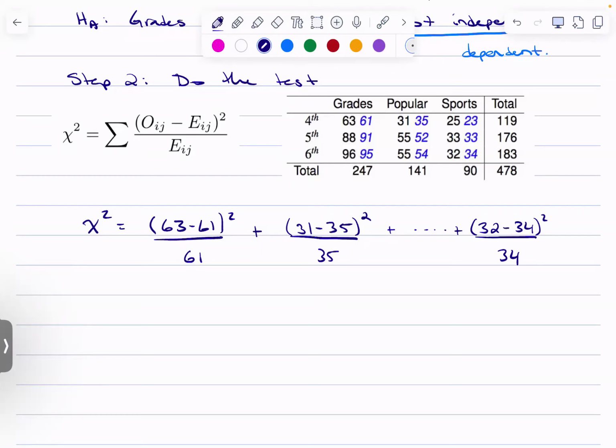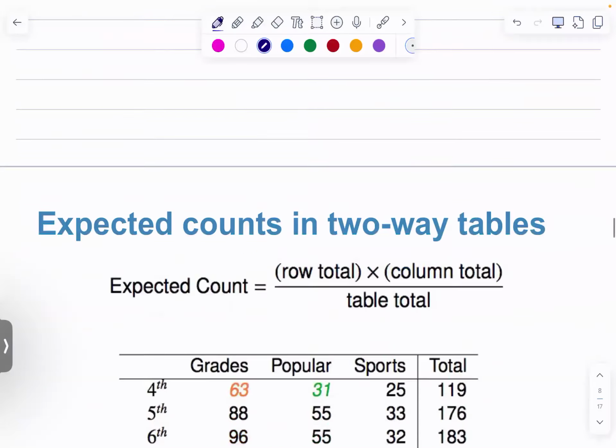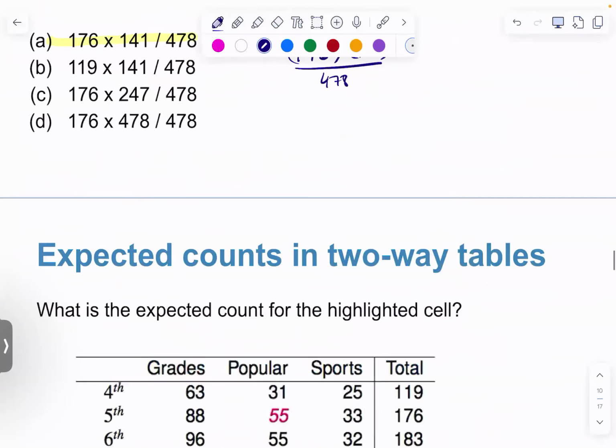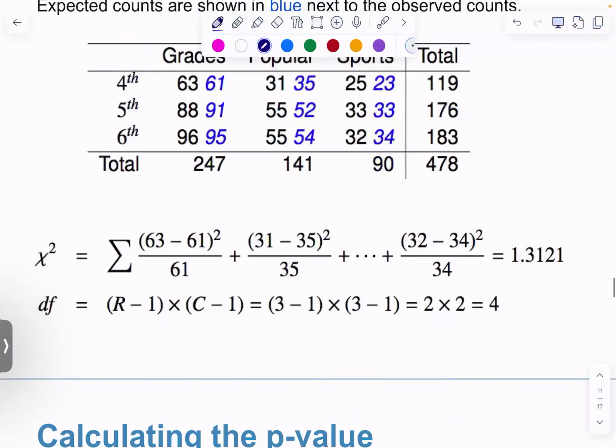You can see where Excel might be really useful here, right? Just do this thing many times over. In fact, there's an even easier Excel shortcut that I'll show you.